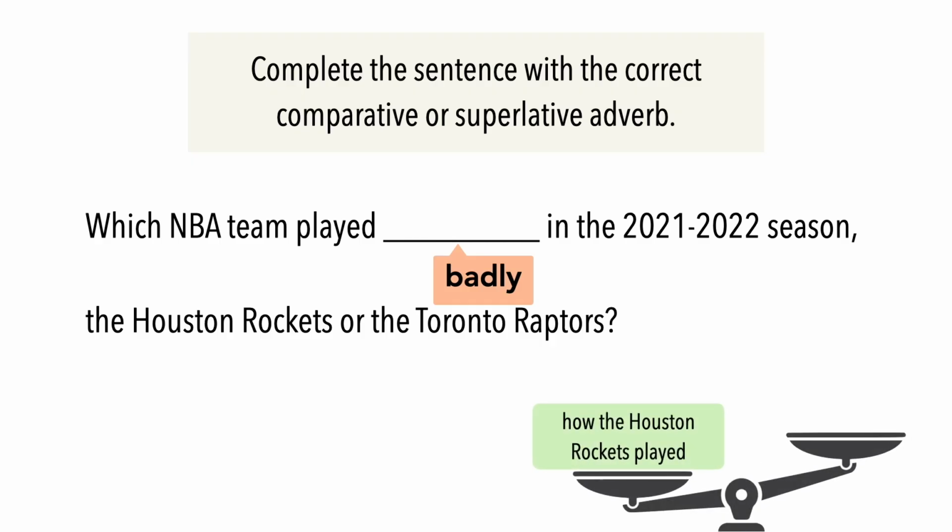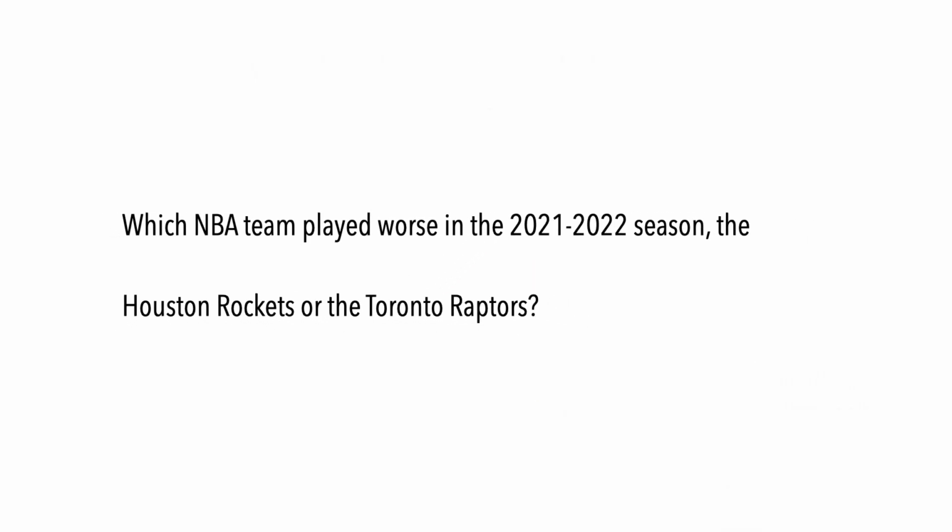How the Houston Rockets played during the season versus how the Toronto Raptors played. Because we're comparing the actions of just 2 teams, we need to use badly in its comparative form, worse. Which NBA team played worse in the 2021-2022 season? The Houston Rockets or the Toronto Raptors?